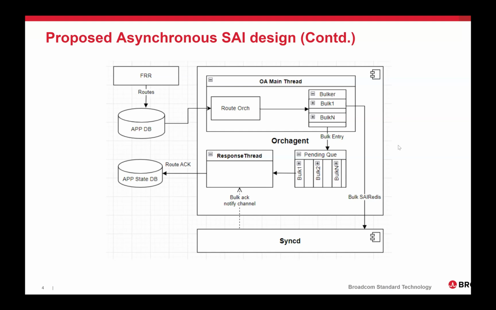So Hasan, just to clarify, this asynchronous mechanism is only for the route object programming, or even for the next hop we are going to follow? It's only for the route because next hops are not. Okay. In that case, it makes sense. It's not going to have an impact. Yeah, so basically the next hop will still be synchronous. The same flow, yeah. Okay.